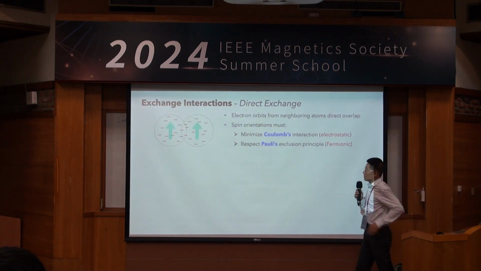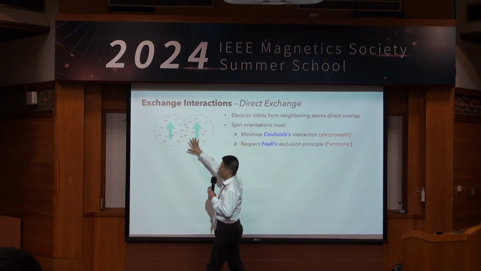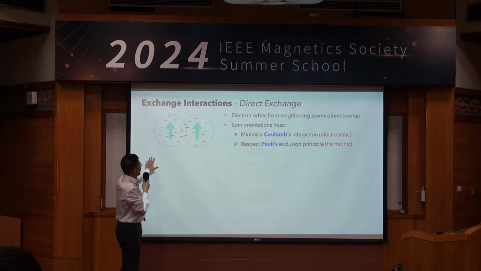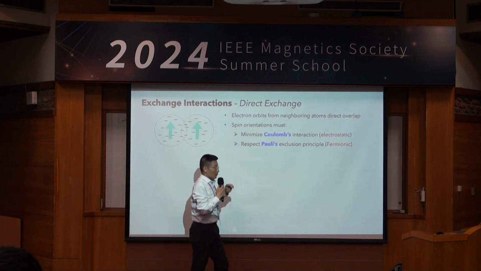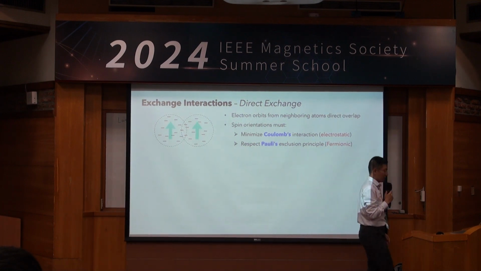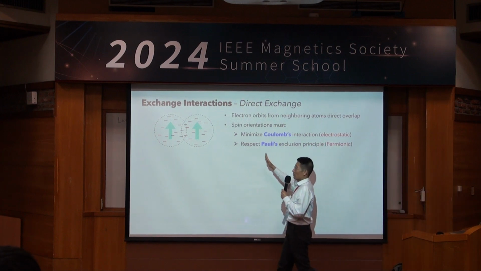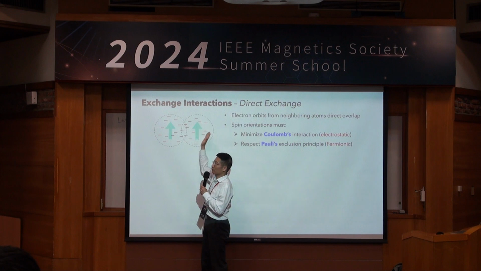So here is a heuristic illustration of 2 neighboring magnetic moments. Their electron clouds have a substantial overlap. So the electrons can move back and forth between the 2 spins.